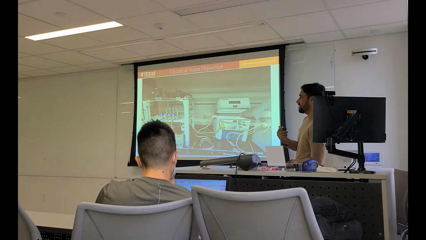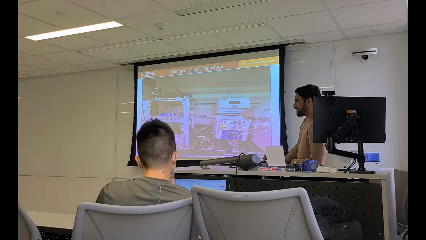Any carrier gas, in our case N2, H2, argon. They are using argon and N2. That carrier gas carries the source and then delivers it to the furnace. This is the furnace quartz tube. So this is the CVD that I was talking about. They can achieve temperatures up to 1100 degrees centigrade with this setup.